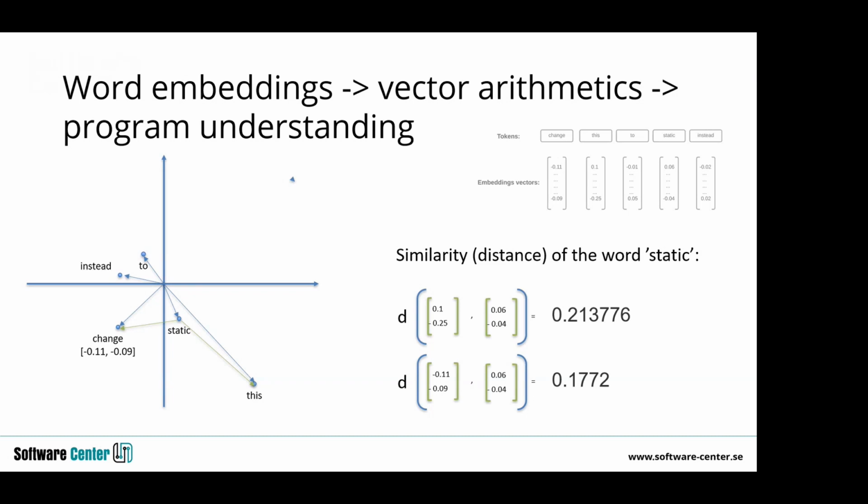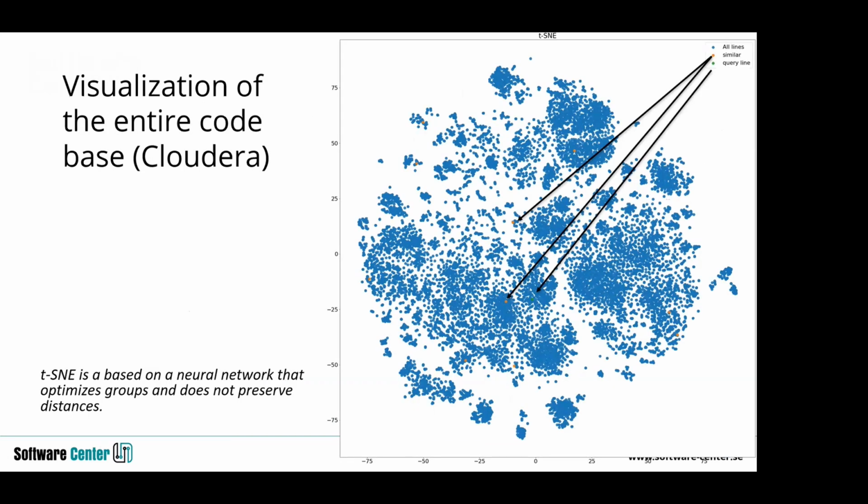So that theoretically looks very nice, but in practice it looks like trying to look for a needle in a haystack. This picture is a visualization of one commercial product, Cloudera, which is actually even open source. It's a Dropbox kind of collaboration system.